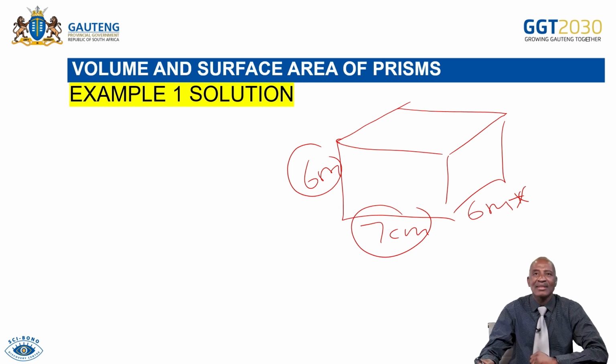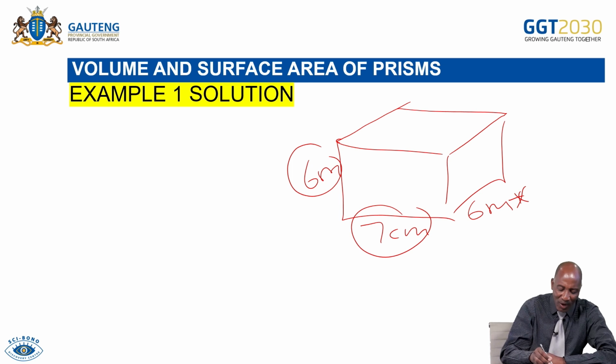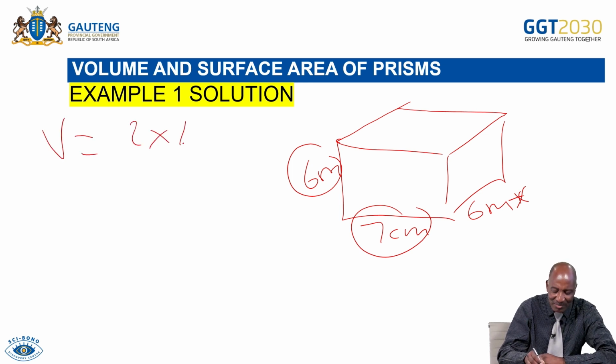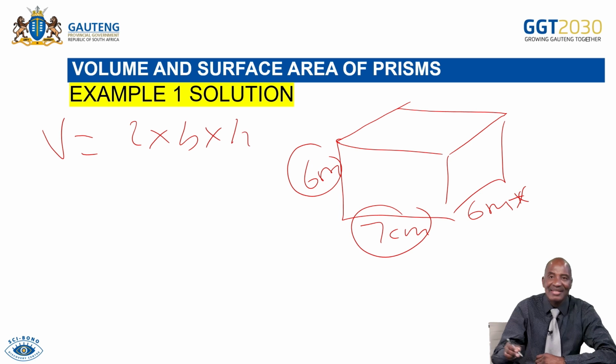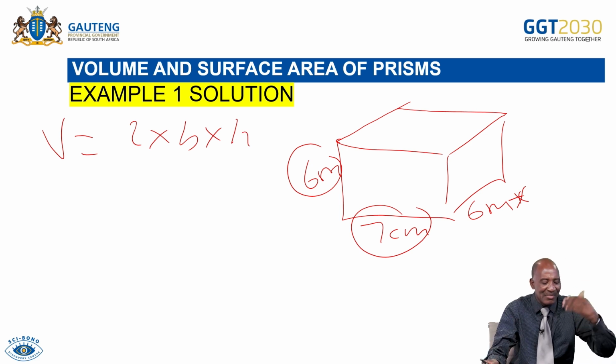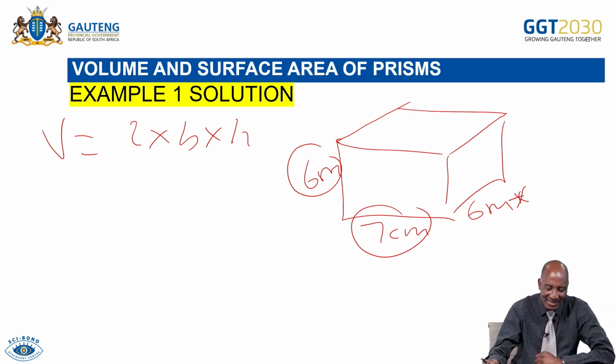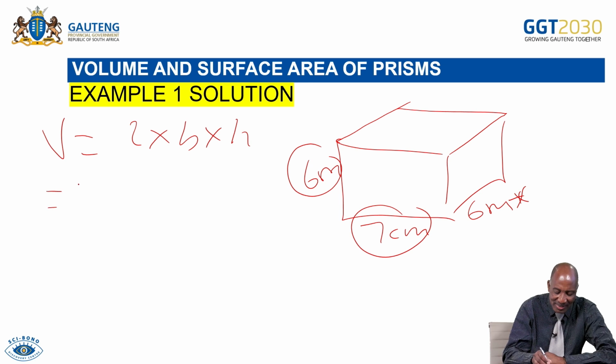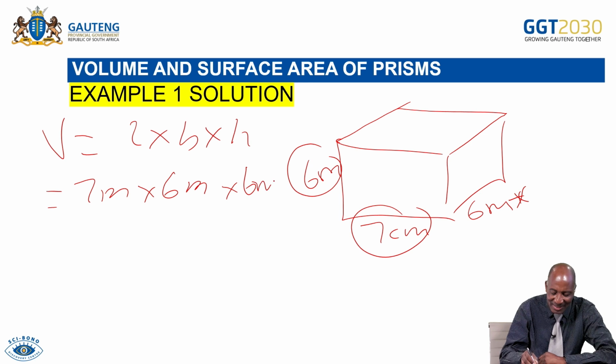our prism. Therefore, our new volume is going to be length times breadth times height. It's still the length times the breadth times the height. So meaning it's going to be 7 meters multiplied by 6 meters multiplied by another 6 meters for the height.